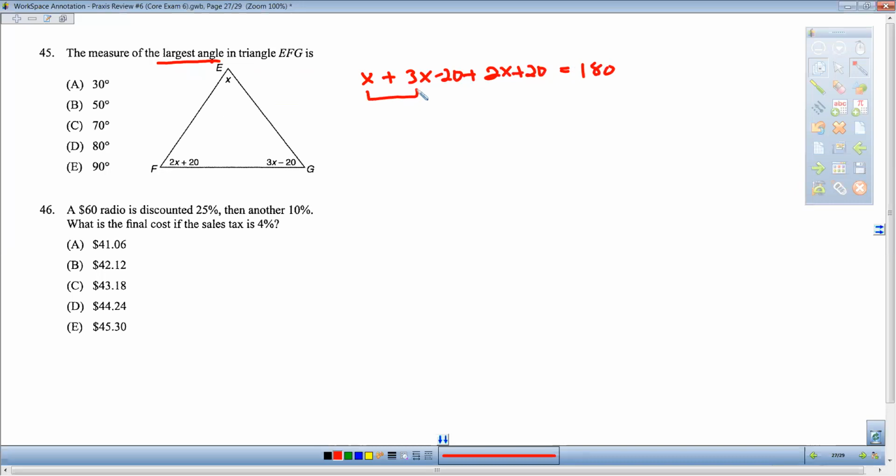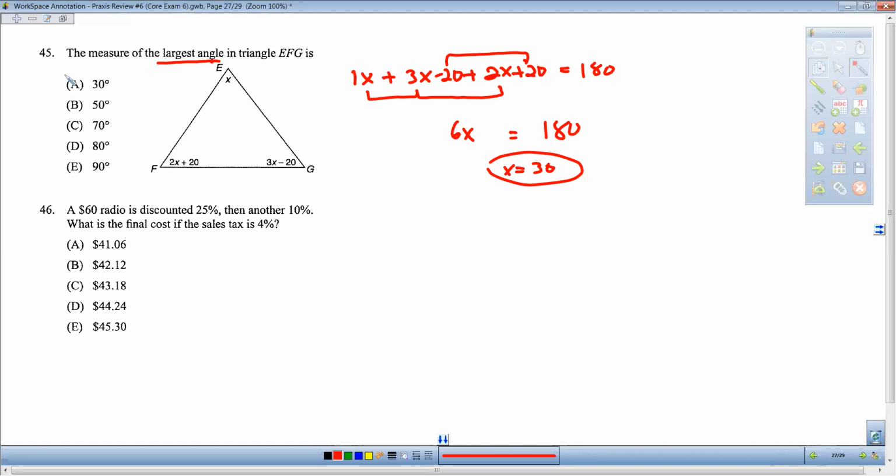So my like terms would be 2x, 3x, and 1x. So that's going to be 6x. And then -20 and -20 combined for a 0 pair. So I've got 6x is equal to 100. So if I divide by 6, I'm going to get x is 30.